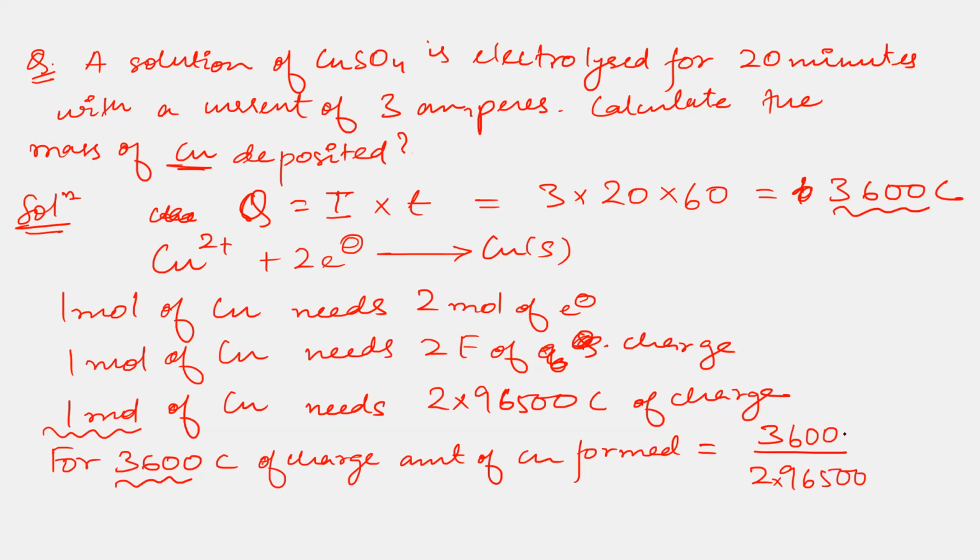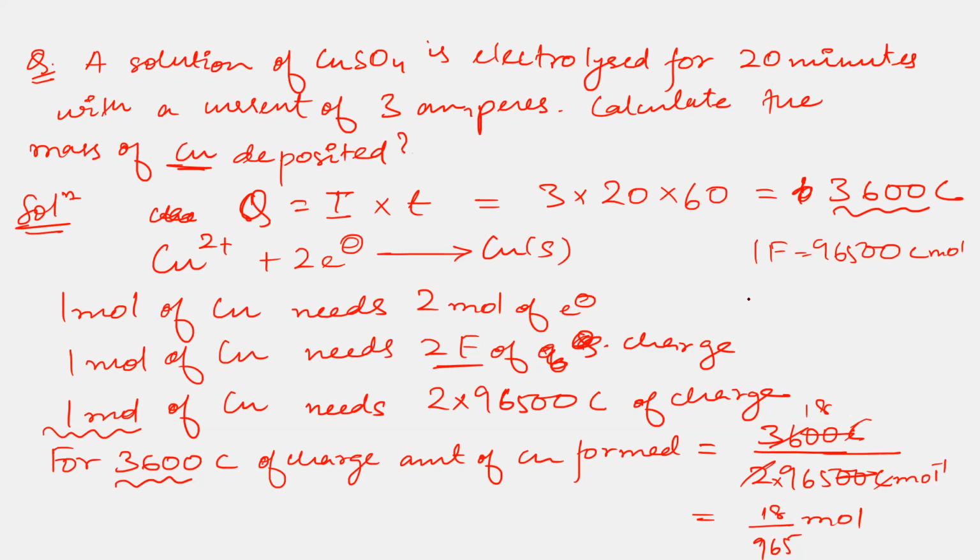This is coulomb, and this is coulomb per mole, because 1 Faraday is equal to 96500 coulombs per mole. Coulombs and coulombs cancel out. The answer you will get is about 18 upon 965 moles.